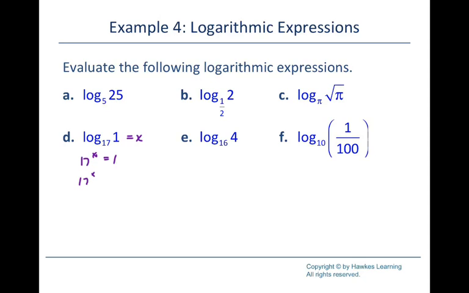So I can make 17 to the 0 power, but anything to the 0 power is 1. And so my answer will be 0. If you're trying to take the log of 1, your answer is going to be 0, because if you remember a logarithm is an exponent, then anything to the 0 power will give you that 1.